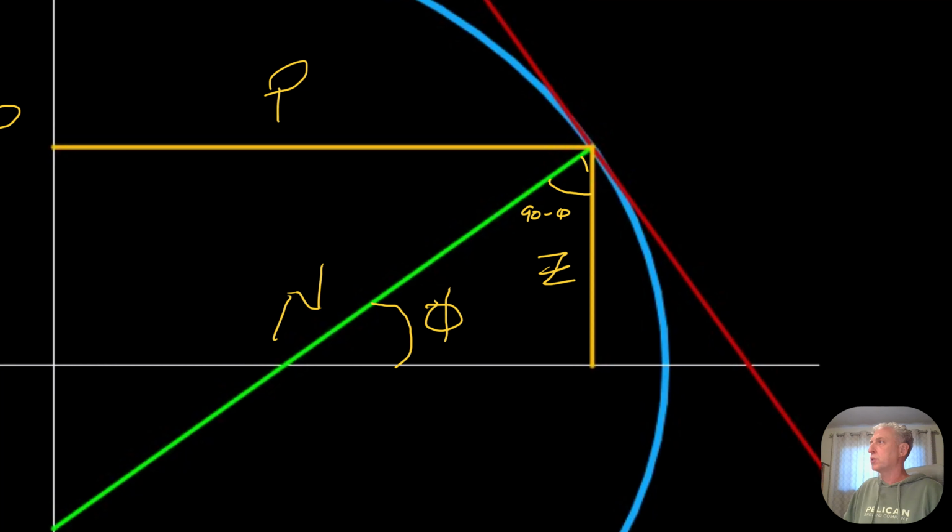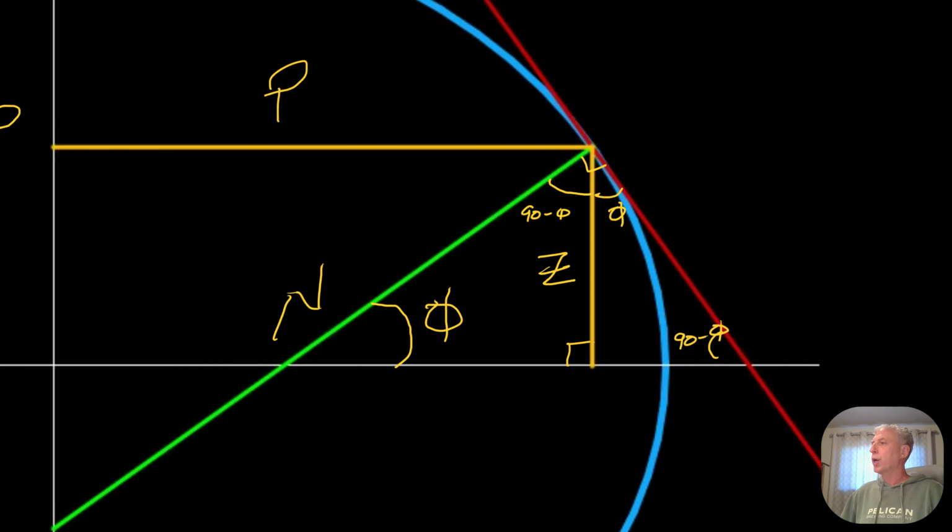Remembering that this is a right angle and this is a right angle, this obviously is phi, and this is 90 minus phi. We just get all that from comparing right triangles.